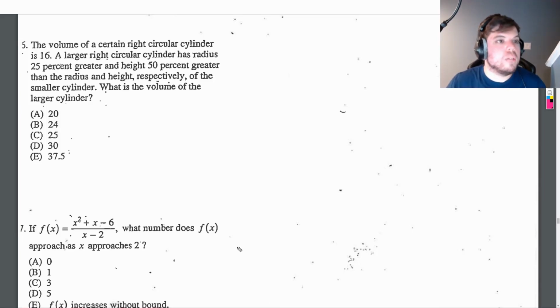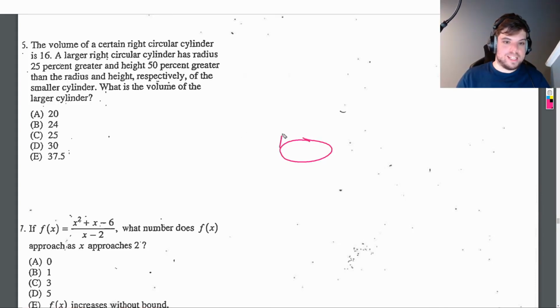Okay, the volume of a certain right circular cylinder is 16. I'm going to draw that. We have a right circular cylinder. I don't like how I've drawn that. Let's make the top a full circle, like this.